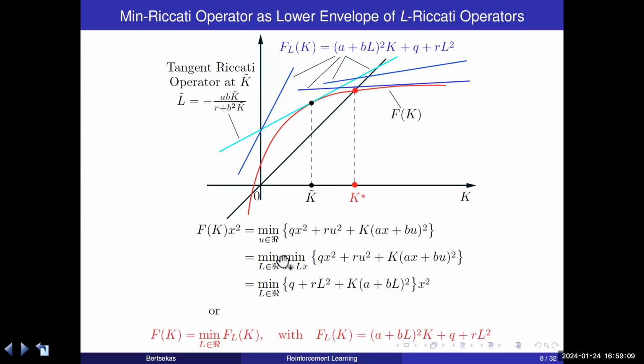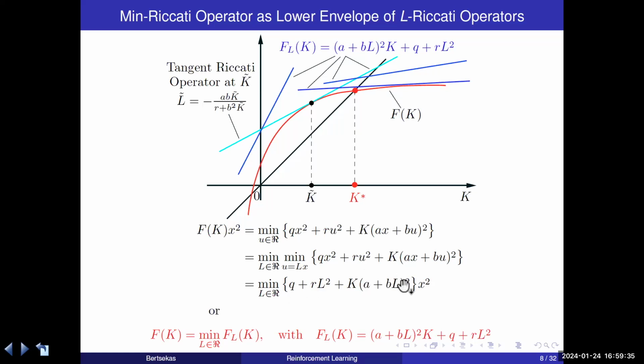Break down this minimization into two minimizations. First, minimize over all u that are equal to Lx for a fixed L, and then minimize over L. And I can do this inner minimization in closed form. You can see the algebra here: put Lx here, and then do the minimization.